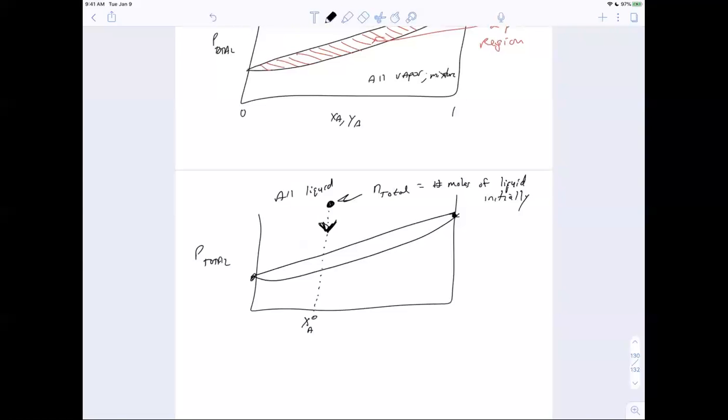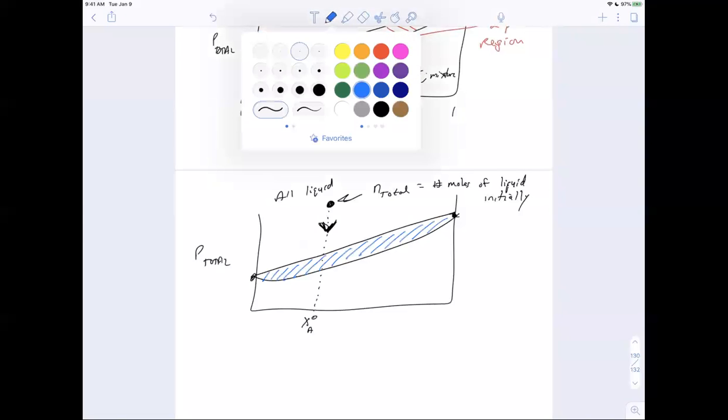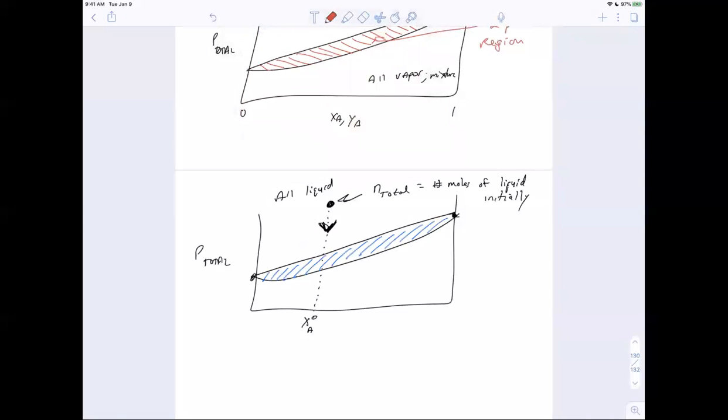And we know that the two-phase region is this region right here. So we're going to find some pressure. We'll just pick a pressure in the two-phase region. We're not going to move laterally, we'll just go vertically down.